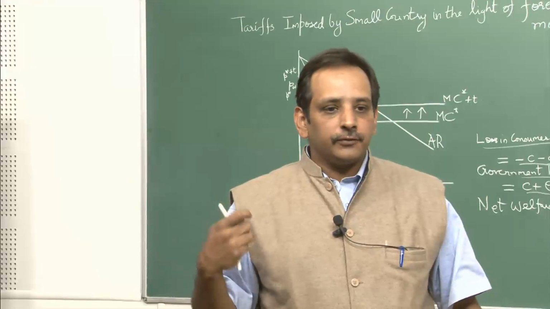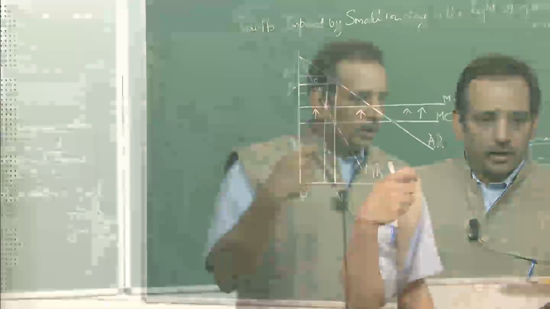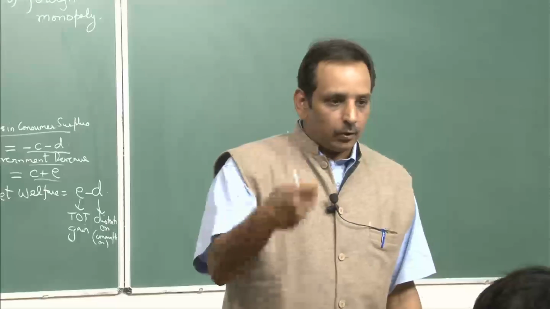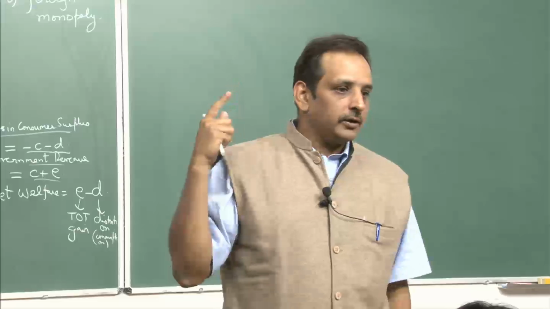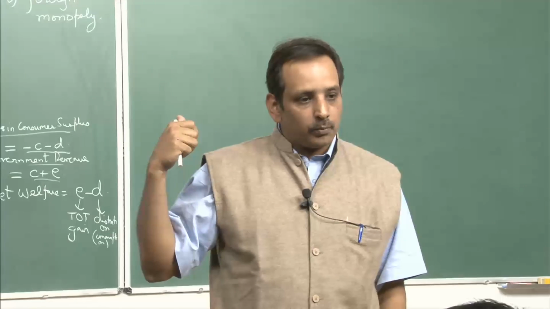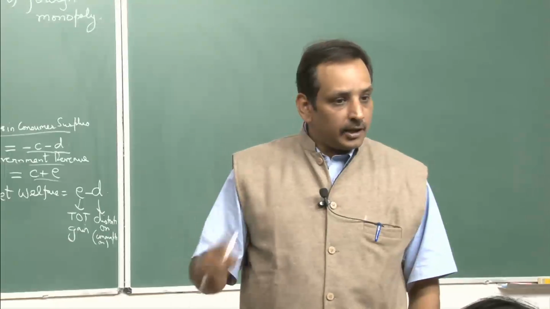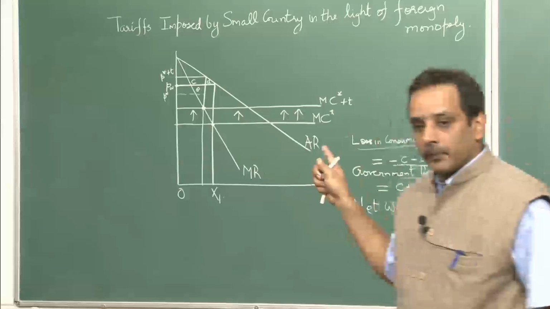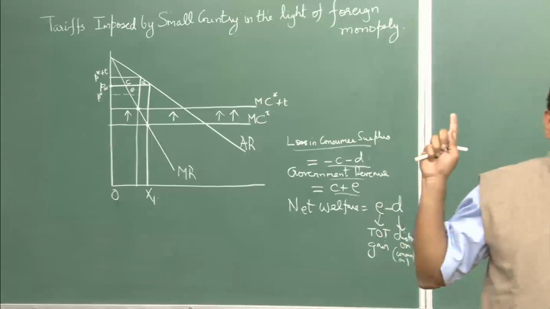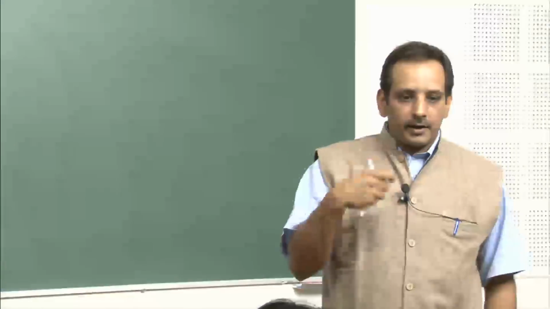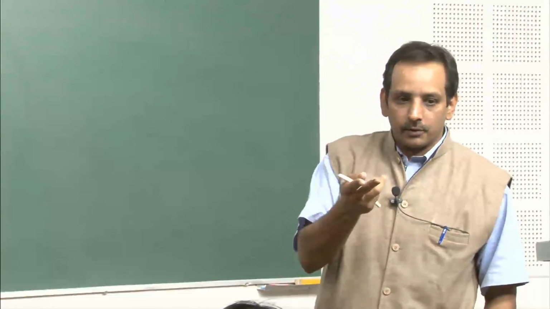So when Chinese find that Indian markets are elastic, they will sell it at a lower price, and they will sell the same product in their own markets at a higher price. That is different from this. There also it was a foreign monopolist, but he was providing his products in two different markets.